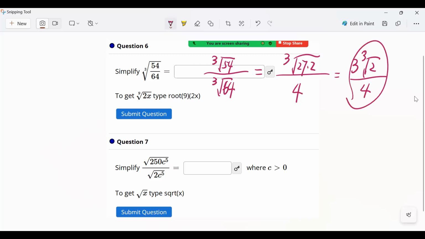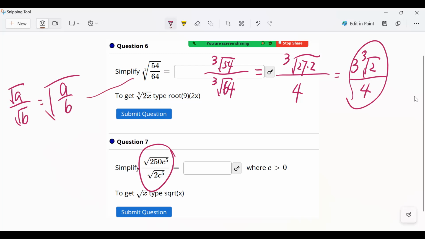So that's the answer. And for this one, it's easier if you have, let's say, root A over root B turning into root of A over B. Depends on the need, or you can split out. Like this one, we split out, so we're going backwards.